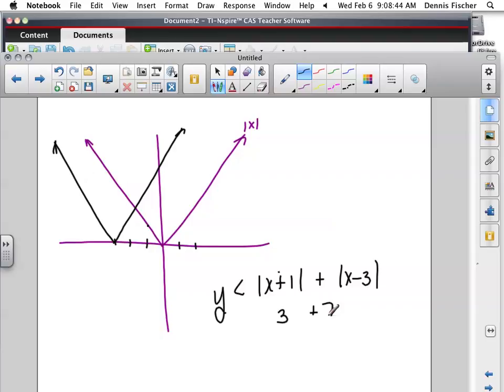If I plugged in 0, 0 plus 1 is? 1. 0 minus 3 is? -3. Absolute value is? 3. 3 plus 1 is? 4. So my value there would be 4. I'm guessing it's going to level off at 4. If I keep going and try -1, that'd be 4 too.